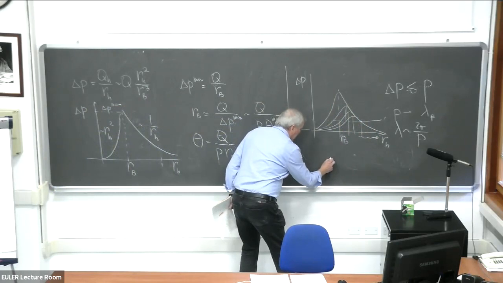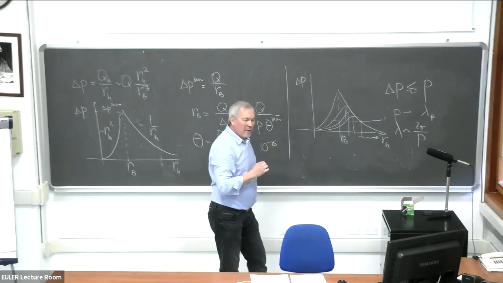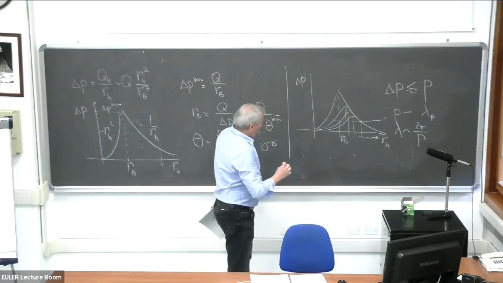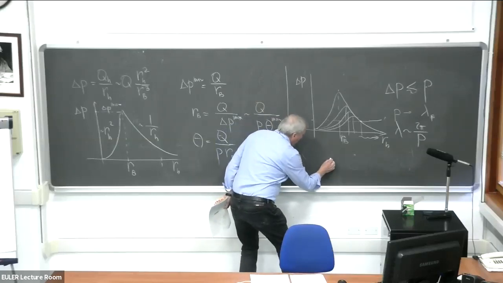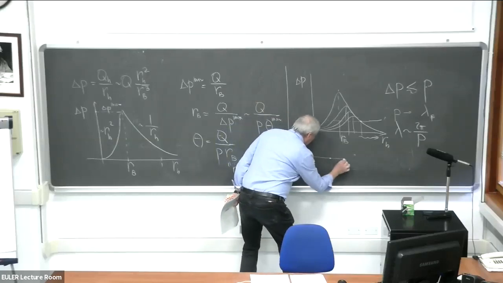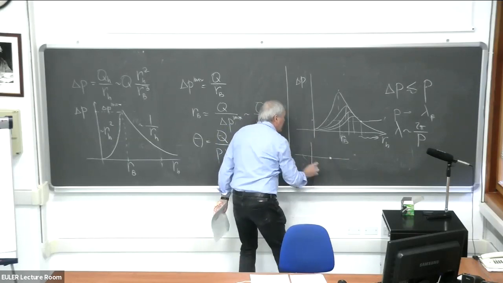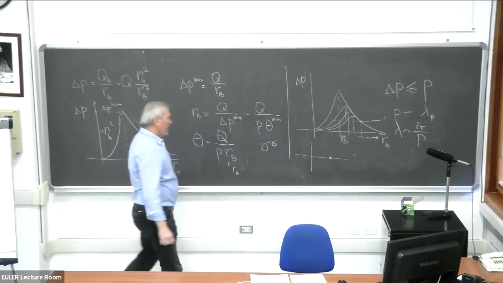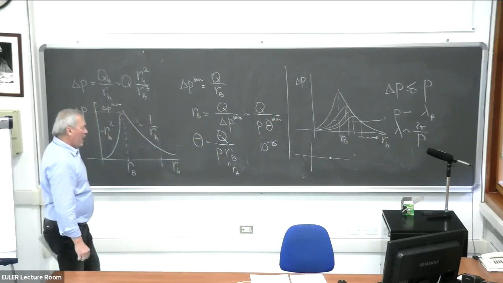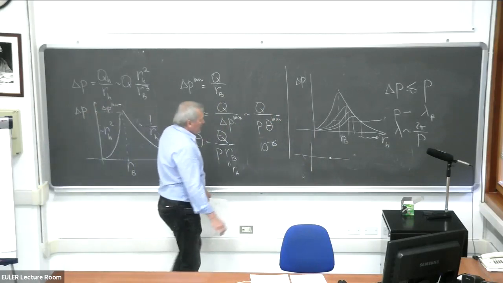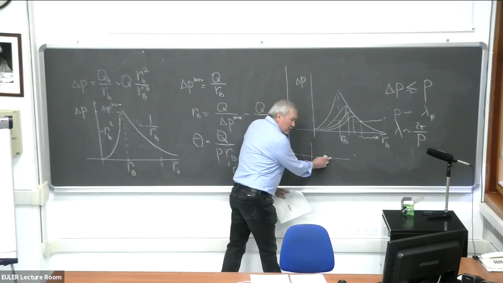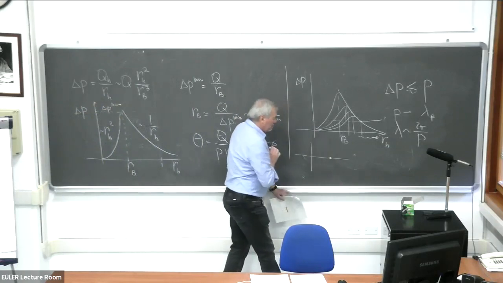Now I'm jumping onto a wave picture. We have a particle of small size, and the de Broglie wave is much bigger than the size of the scatterer. In this situation, we are not sensitive to the structure of this object.